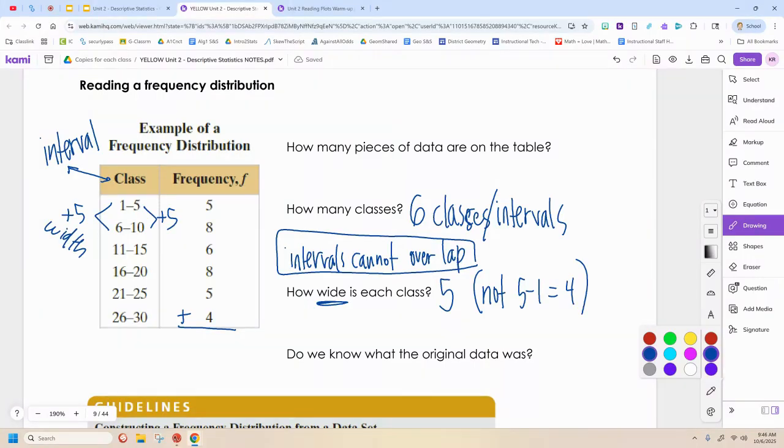Okay, so let's add that up. We got 4 plus 8. Okay, there's 10, 26, and another 10. I got 36. Does anybody else get 36? Yes, great. So there's 36 pieces of data, which means if I wrote it more statistically, it would be n equals 36. Does that make sense? 36 pieces of data.